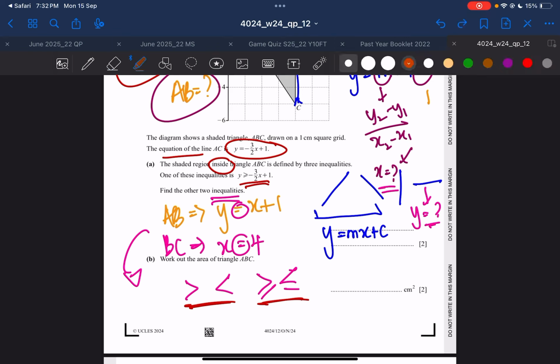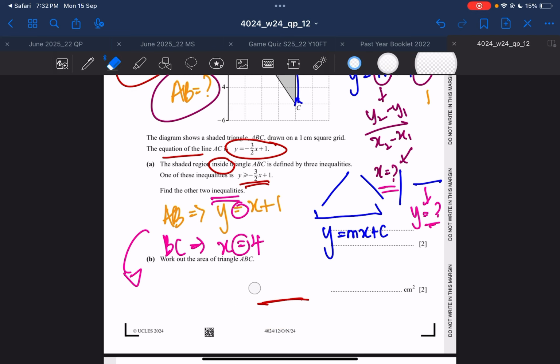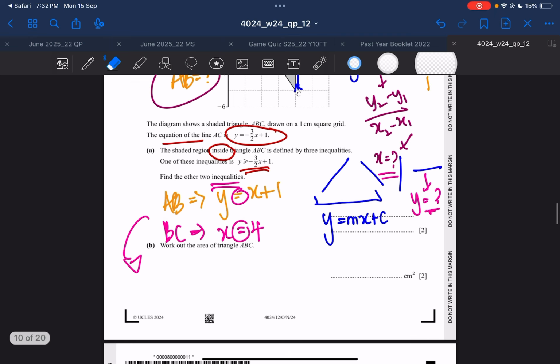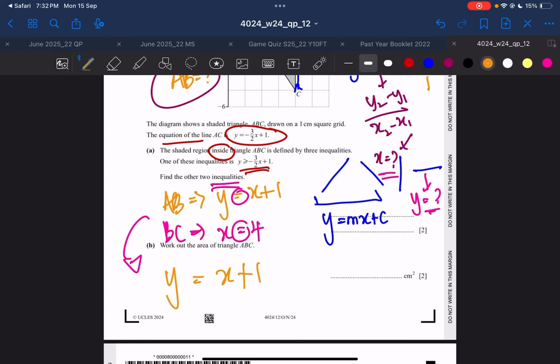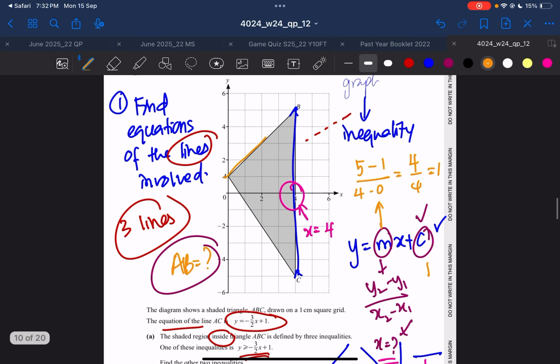Okay, so we are going to choose this one, not this one. Okay, so we are clear on that. Now we have this one. Note again, AB is y equal to x plus 1. Look at the direction of the yellow line, think about more than or less than. So this is our pagar right now.